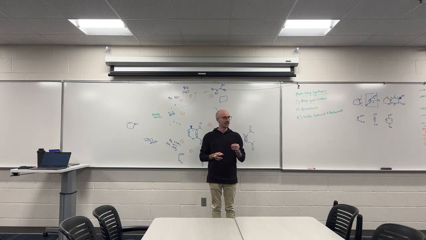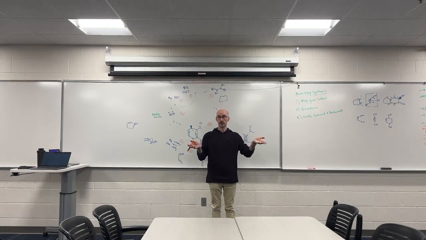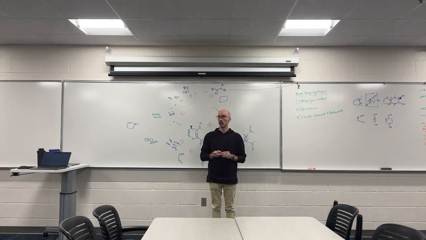Penta-substituted. Wait, are we talking about the alkene as a whole or each individual carbon when we're saying that? What do you think? Are we describing the alkene as a whole or each individual carbon? The alkene. Okay, that makes more sense. I was like, wait, hold on. Where are we getting the 4? I can see how that would be a reasonable confusion, right? In fact, I try and encourage you not to describe the substitution of individual alkene carbons, because it's challenging to decide whether we count double bonds to other carbons or not.